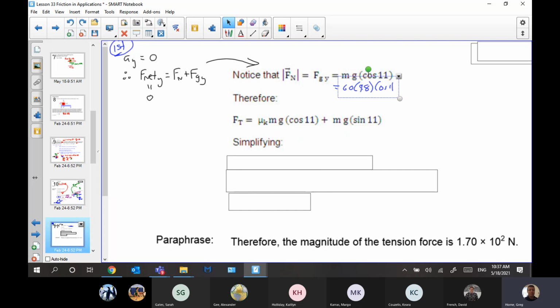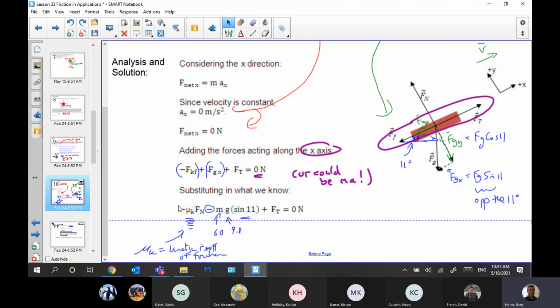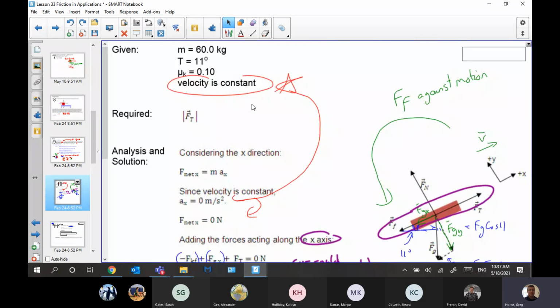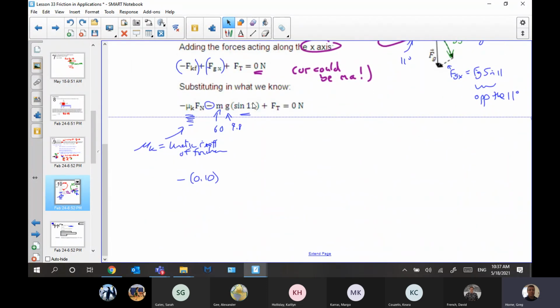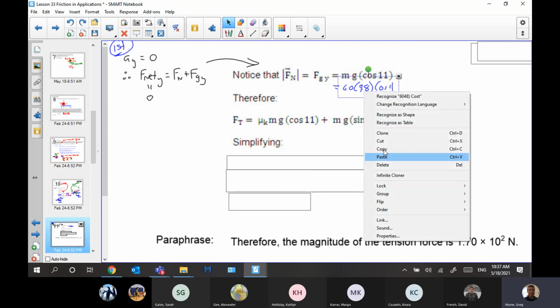And if we think of this formula here, I might just go with that one. So we'd have our negative number here of the 0.10, I believe they gave us for the coefficient of friction. Yep. And we'd have times that normal force, which we've calculated to be this number here, right?